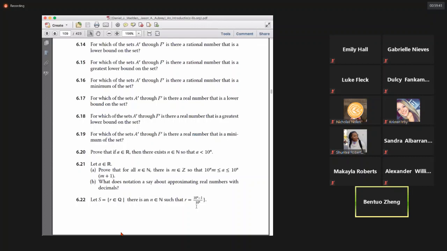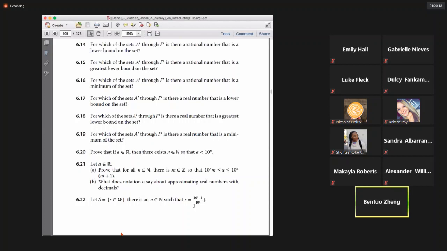If we write this number in decimal format, then R is equal to 0.9. If we let n equal 2, then R equals 100 minus 1 over 100, which is equal to 0.99. And if we let n equal 3, then R is equal to 1000 minus 1 over 1000, so it's going to be 0.999.